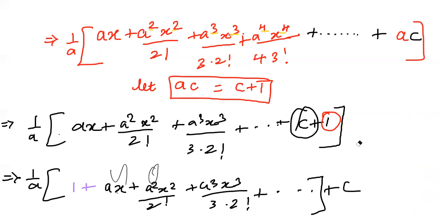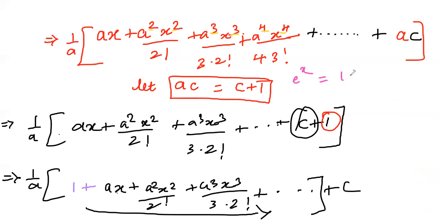Please let me know if you didn't understand, and I'll explain from the beginning. Now you have this series. If you compare it to the standard Taylor series, e power x is equal to 1 plus x by 1 factorial plus x power 2 by 2 factorial plus x power 3 by 3 factorial.